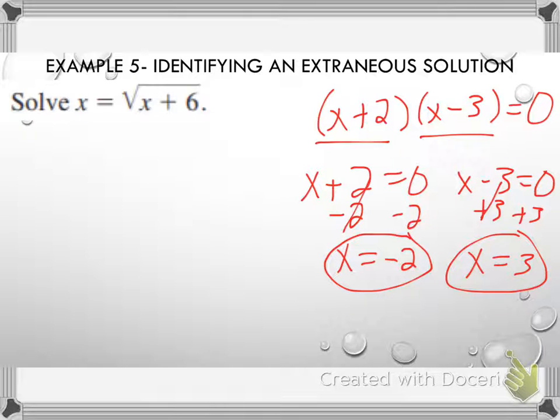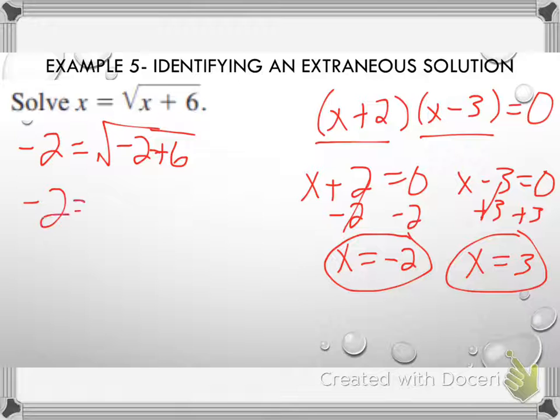Anyways, I'm plugging in my 2 solutions to my original equation. Which x do I plug into? Both of them. So let's plug negative 2 in first. And then I'm going to work down both sides of the equation. What's negative 2 plus 6? 4. Square root of 4? 2. Does negative 2 equal 2? No, it does not. So what can I say about negative 2?